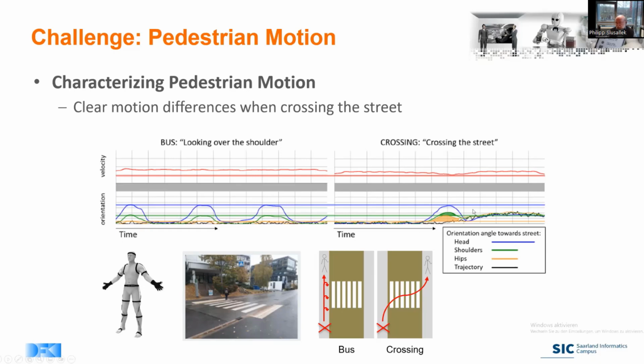However, the people here on the right are the people who want to cross the street. Because they need to turn their body anyway, they already start turning their body when they look behind them, right? So the shoulder and the hips already turn. And so there is a clear signal in the motion of pedestrians that identifies those people who want to cross.